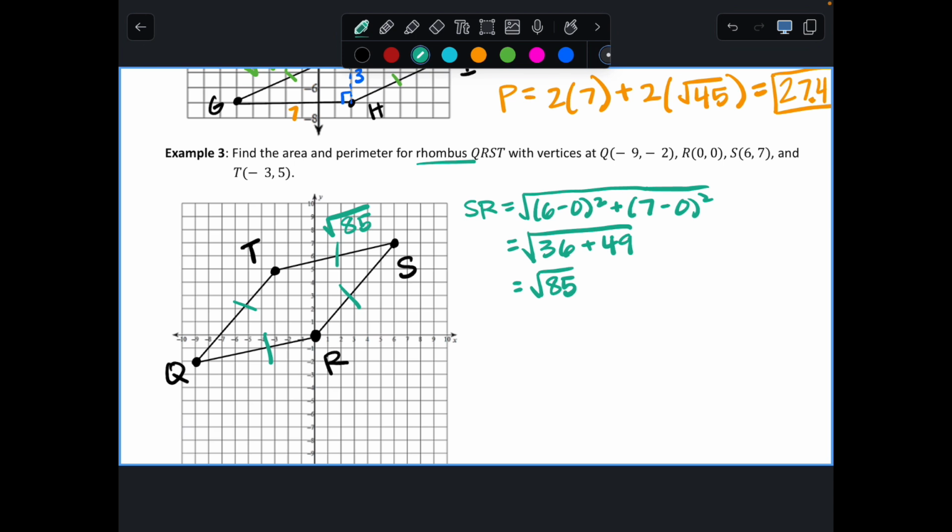So the length of one side is the square root of 85. So my perimeter is 4 times the square root of 85. Rounded to the nearest tenth, it's 36.9 units.